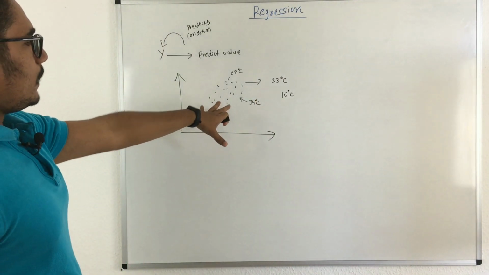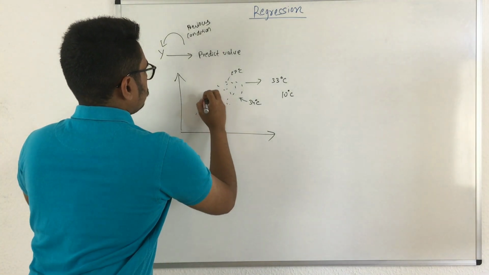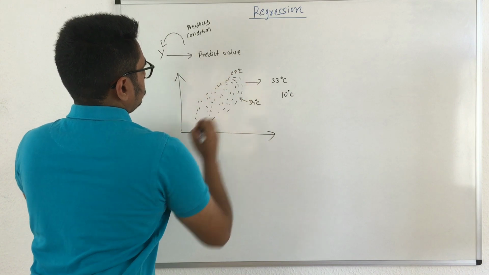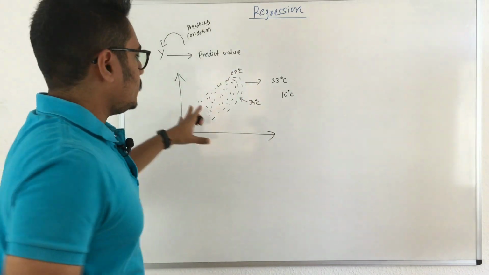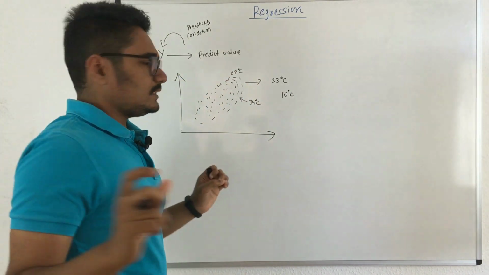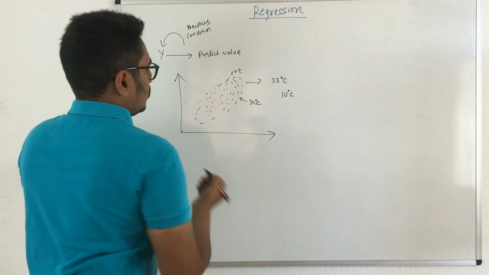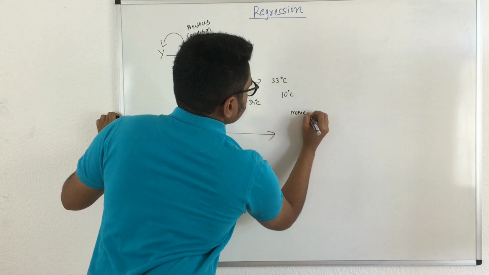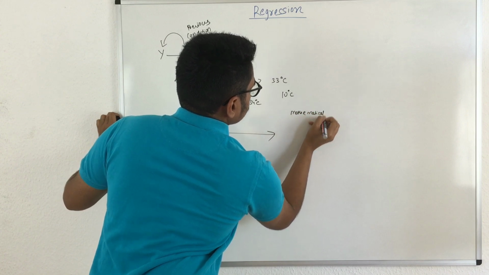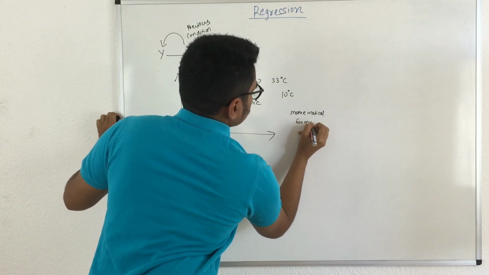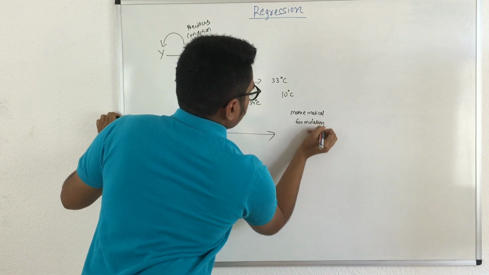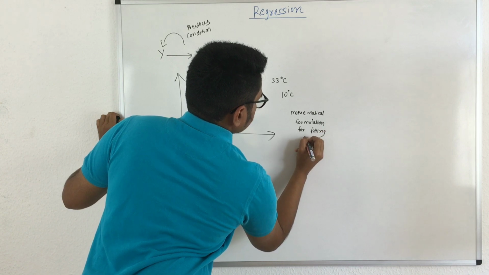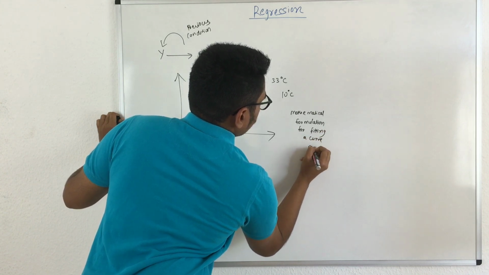So basically what I have is a set of values which are dispersed over this entire space. What regression basically does is it considers a mathematical function, a mathematical formulation for fitting a curve over these values.